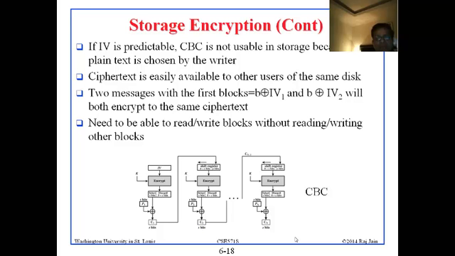So here's the thing. For example, if you have two messages whose first blocks are some bit pattern B, exclusive OR with IV1, and another message which has B exclusive OR with IV2, when you take it through the encryption, IV1 encrypted and IV2 encrypted, when you exclusive OR them, the first blocks actually will come out the same, because once you know the IV, C1 in the first message and C1 in the second message would come out the same.